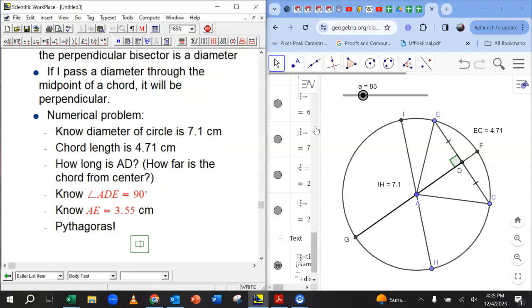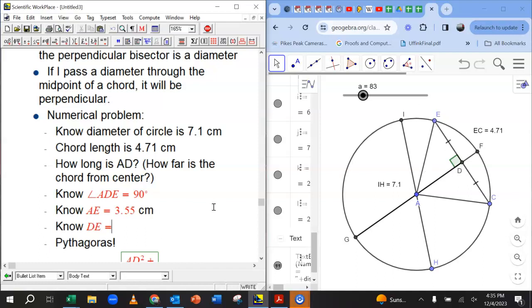That's going to tell us, because ADE is a right triangle, that AD squared plus DE, well, let me put it in. Oh yeah, and I forgot to say one more. I know DE. I kind of need two sides of the right triangle, don't I?